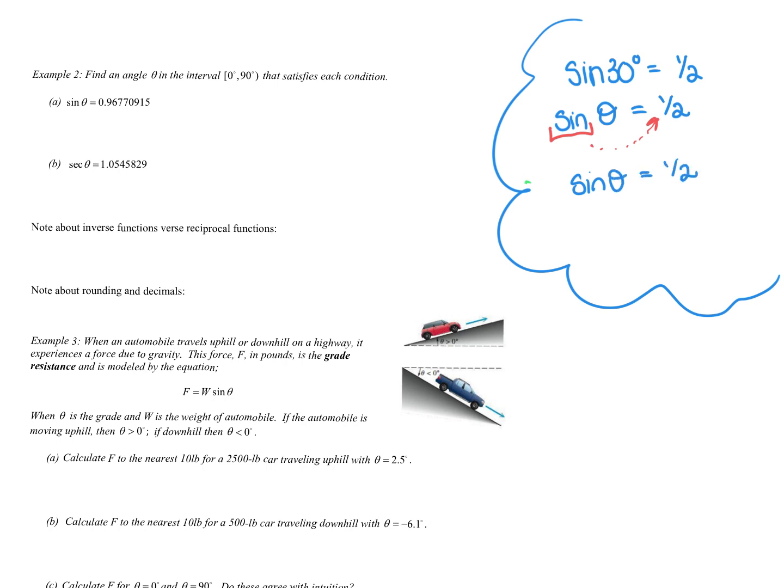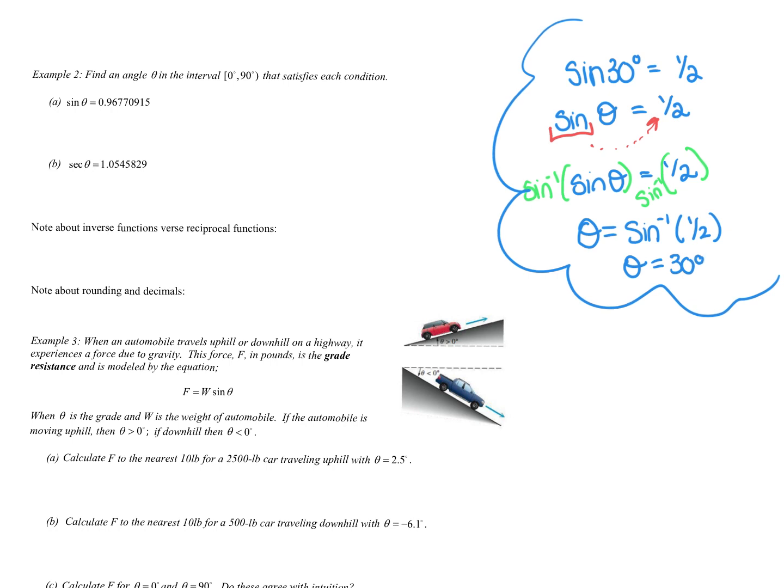So to undo it, we do an arc sine like this, which is the sine to the -1 button. If you do that on one side, then on the other side, you're going to do arc sine, the -1 with the 1/2. When you do that, you get theta all by itself equals, we read this as arc sine of 1/2. And then it will spit out to you that theta equals 30 degrees, if you're in degrees.